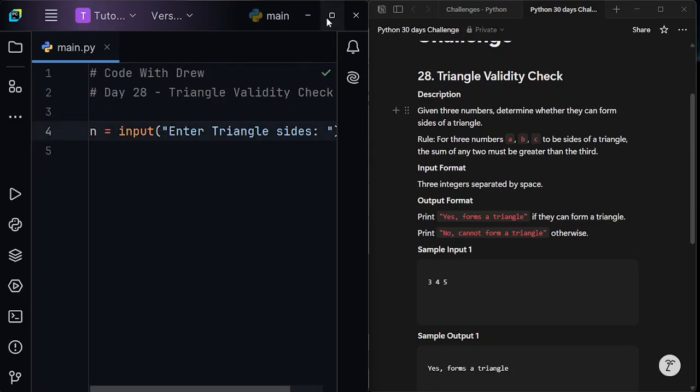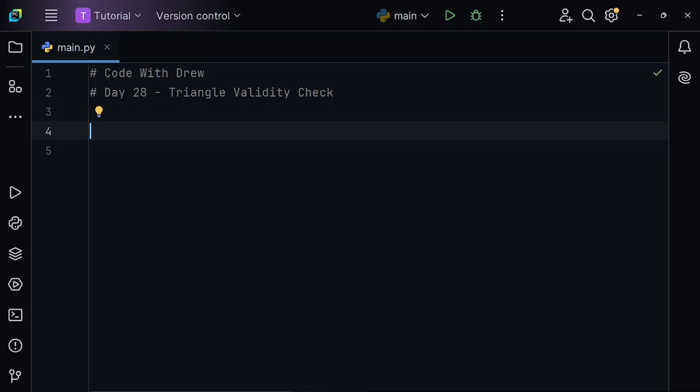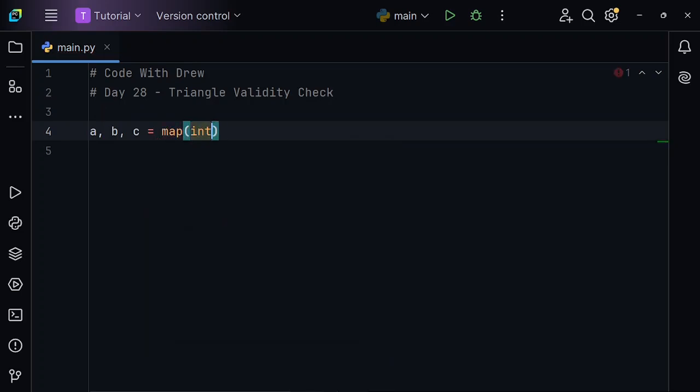Okay, I think I'll go a different approach from this. Instead of doing it this way, let me just get rid of this. I'm just going to write A, B, C, so you can see a more advanced concept of using Python here. Map int, this is cool, you're going to love this. Input, enter three numbers.